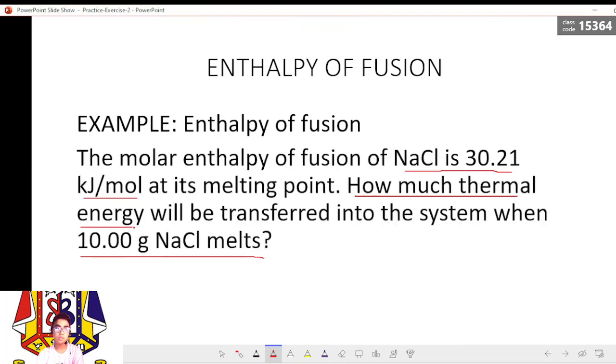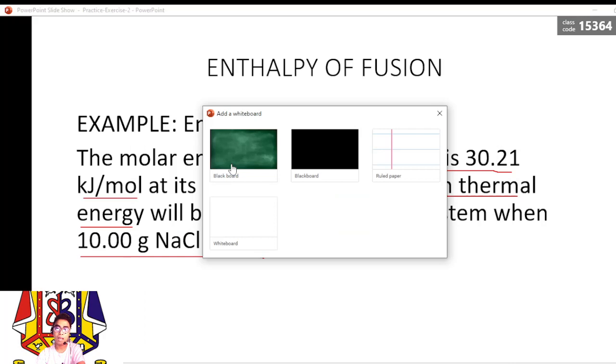But first things first, we need to get rid of the grams of sodium chloride by converting it into moles using grams per mole. Let me have my blackboard.